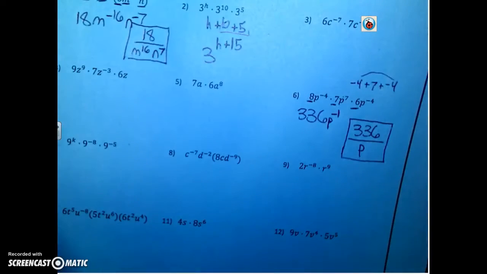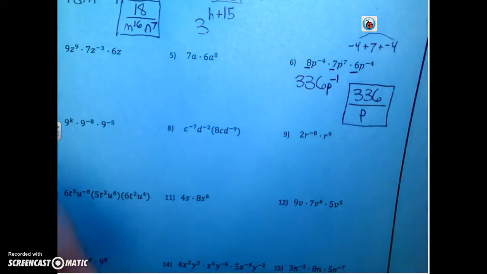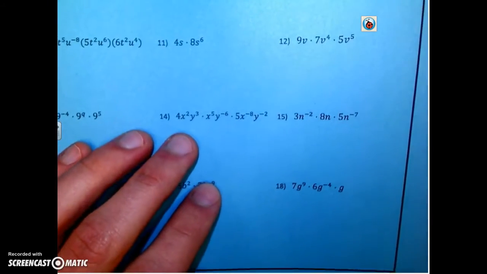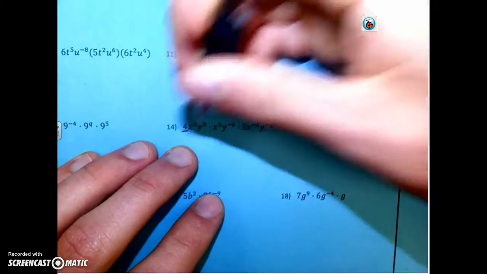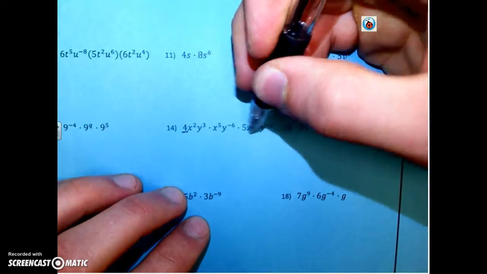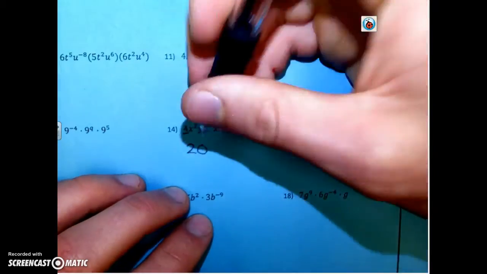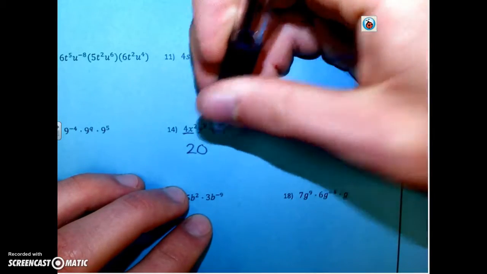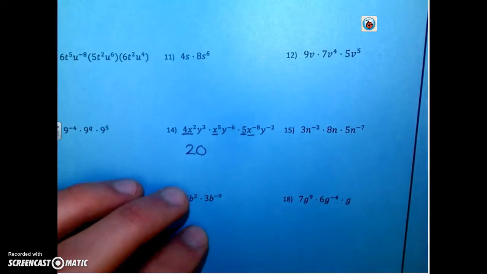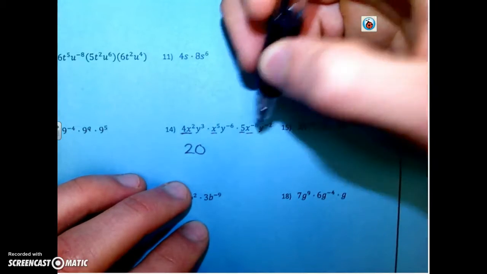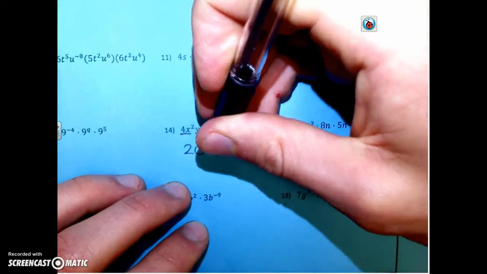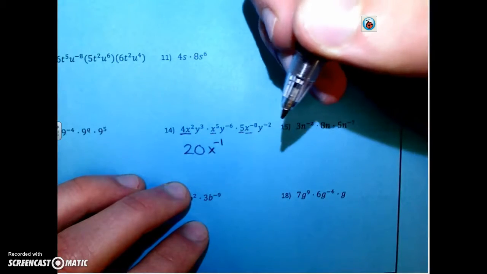Okay? So then let's carry on following through on those different types. All right, so let's go down here to one like 14. We're going to multiply the regular numbers. I see a 4. I see a 5. 4 times 5 is a 20. Then we add up our bases. X to the power of 2, x to the power of 5, x to the negative 8. 2 and 5 makes 7. If I add 7 to the negative 8, I'm going to get an x to the negative first power.